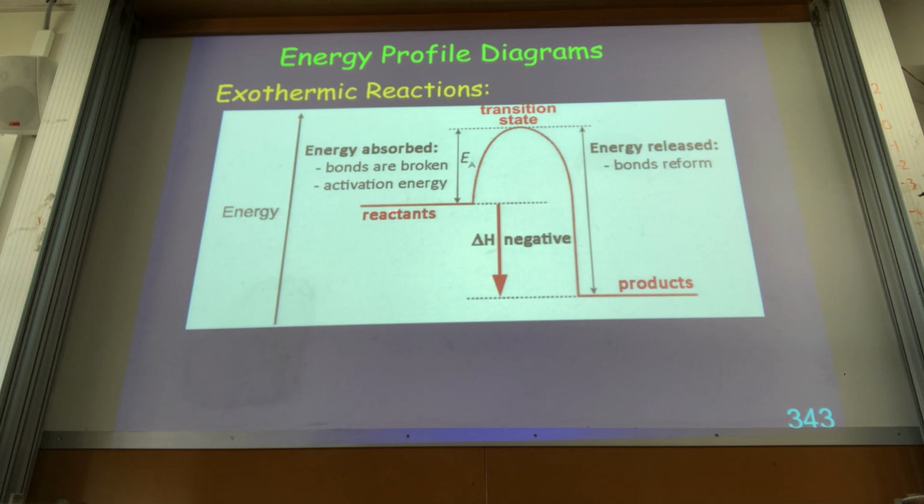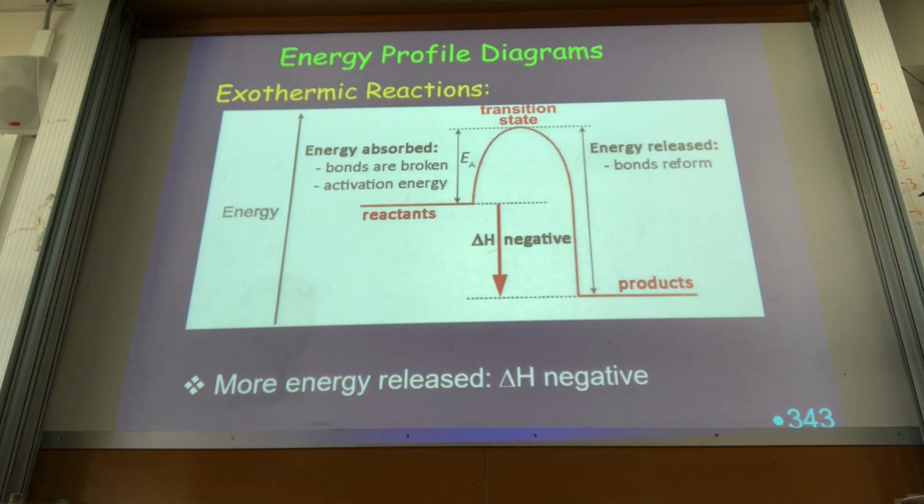Delta H is the overall change between reactants and products. So more energy gets released when the new bonds form than is absorbed when the old bonds break. So it's another way of looking at why delta H is negative.